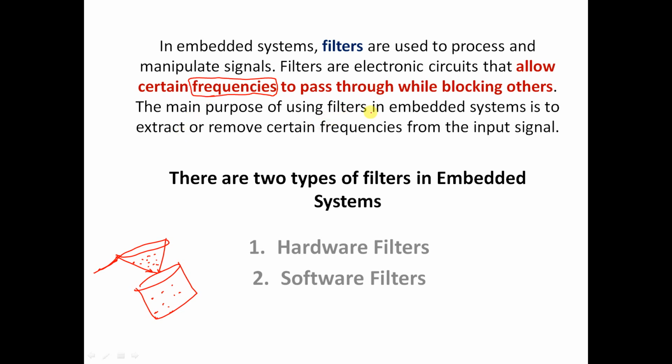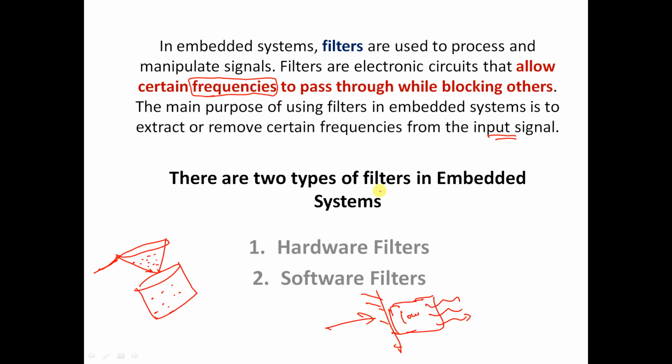The main purpose of using filters in embedded systems is to extract or remove certain frequencies from the input signals. For example, a low pass filter will let the low frequencies pass and block the high frequencies.